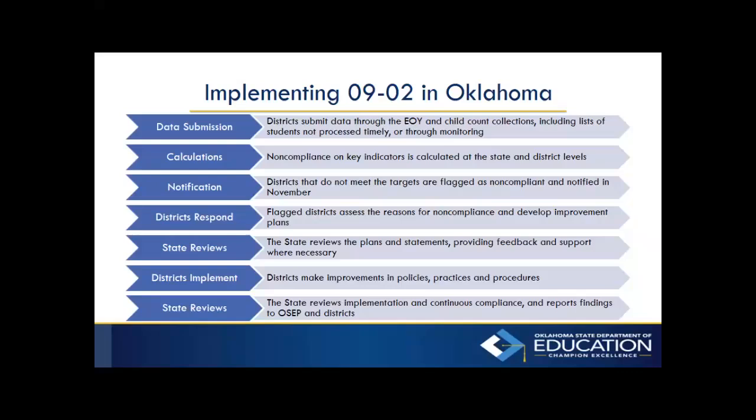And then your implementation: you implement those improvement activities, reviewing any policies, procedures, or practices that may or may not need to be changed to assist you in that compliance. And then the state's review of your implementation and continuous compliance. So that's the second piece of that 09-02 memo, where we need you to be compliant across the district.